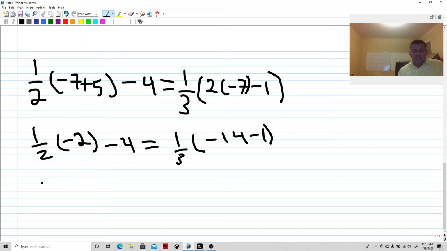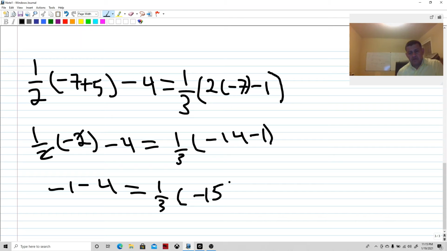And this side right here, this cancels out with that. In this case, I get -1, because that is 1. So that's a -1. And here is -4. I'm doing this step by step. And here I got 1/3, and here I got -15.